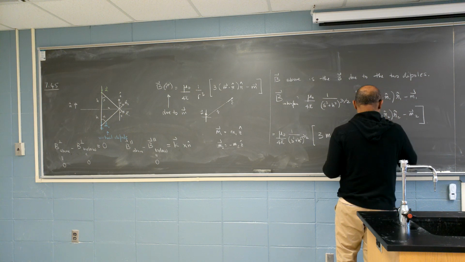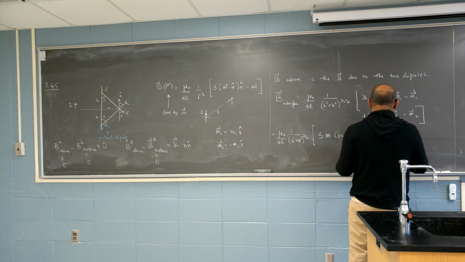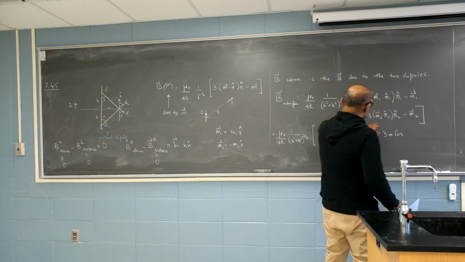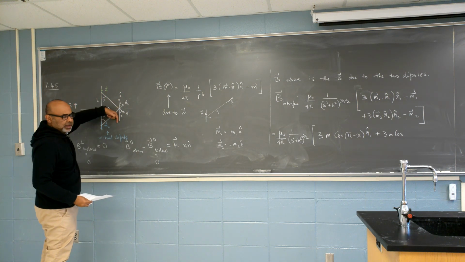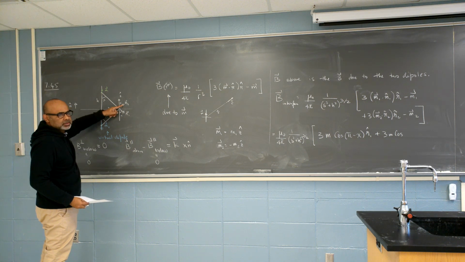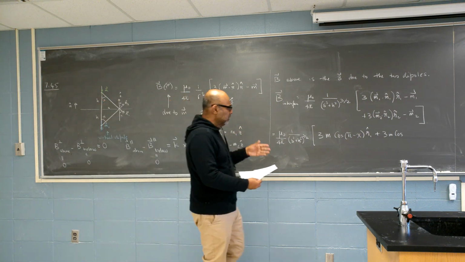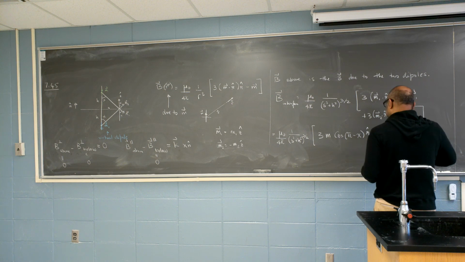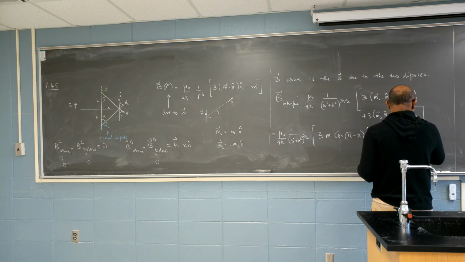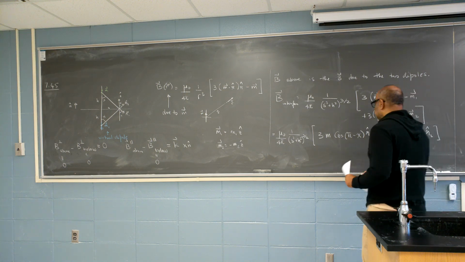These two cancel off, I'm not even writing them. 3m cosine. Again, this is minus z2, that is this one, R2. I think, great, this is also pi minus chi. Because this is chi, this is pi minus chi. So they just factor out. Pi minus chi, R2. And you'll immediately see the advantage here.